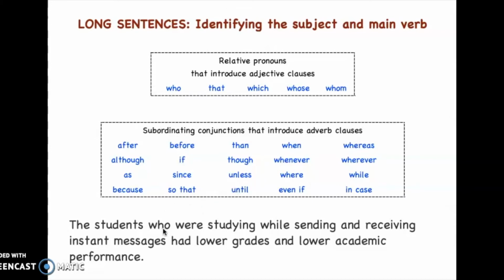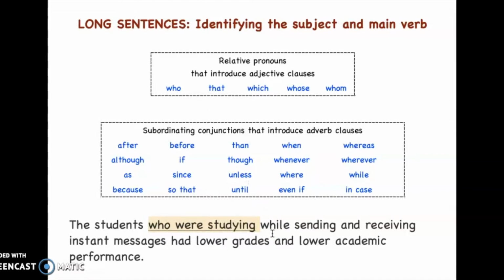Yes, I see the word who. Who indicates that there is a clause, who were studying, is telling us more about the students. What kind of students? The ones who were studying.